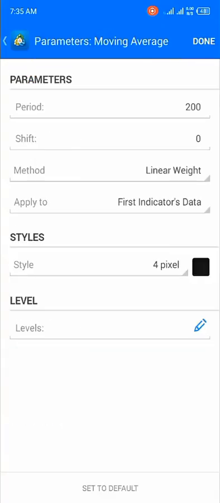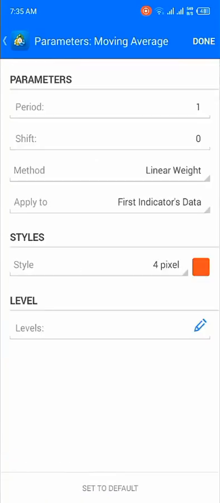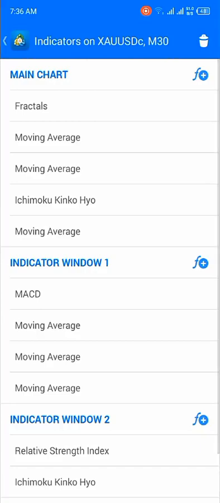We have another moving average 200 period, linear weight, applied to first indicator's data, black color. We also have a 1 period moving average, method is linear weight, applied to first indicator's data, color is red.